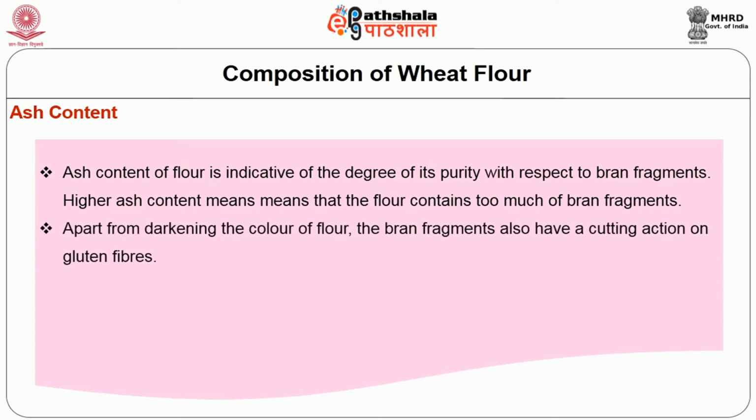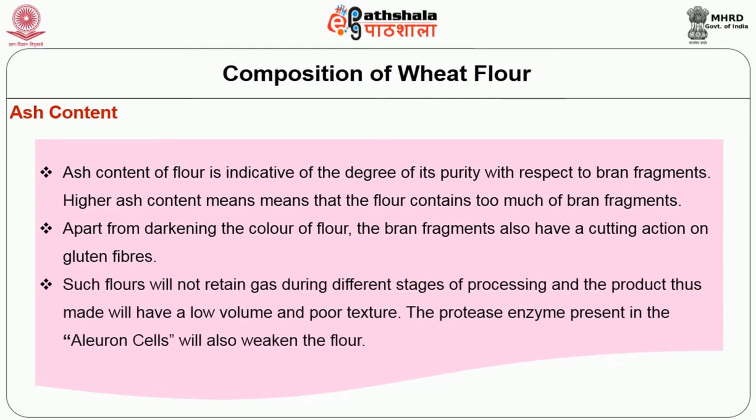Apart from darkening the color of the flour, the bran fragments also have a cutting action on gluten fibers. Such flours will not retain gas during different stages of processing, and the product thus made will have low volume and poor texture. The protease enzyme present in the aleurone layer also weakens the flour.